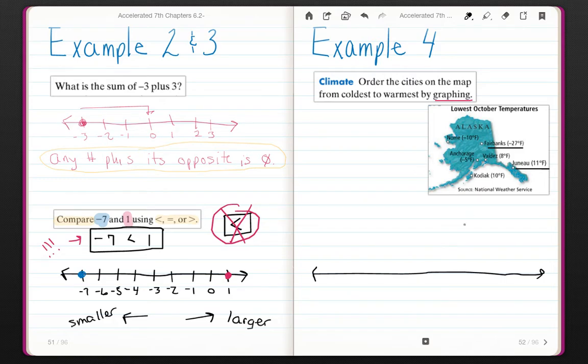So since I have a pretty big spread here, I'm actually going to go ahead and count by tens, but I'm going to leave a fair amount of space in between. Actually, let's count by fives. 15, 10, 5, 0, 5. I'm going to run out of room.